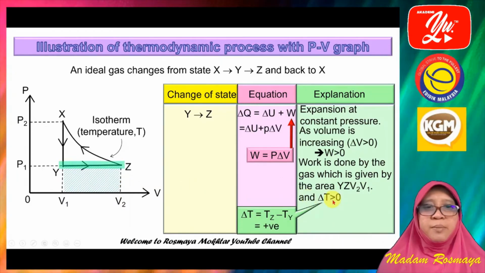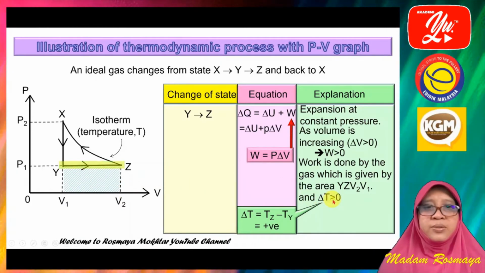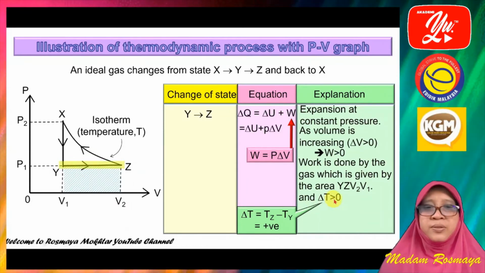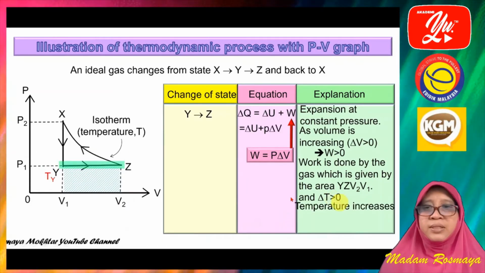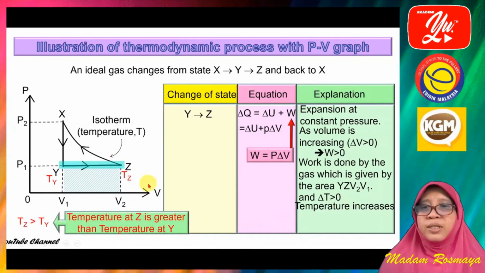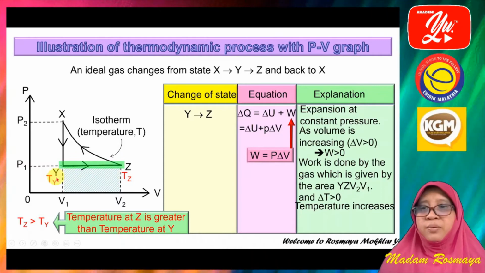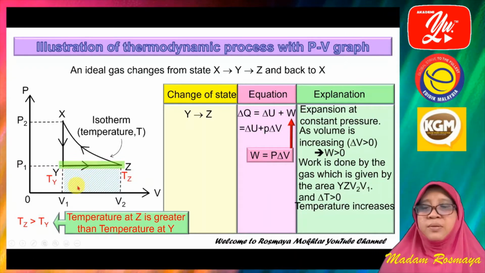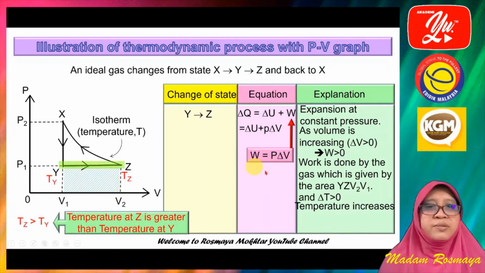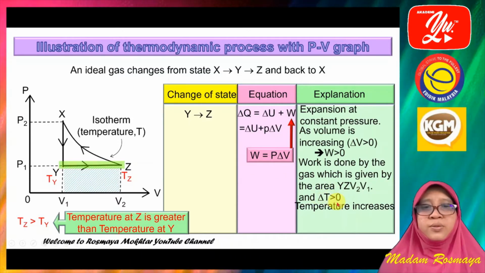The temperature change is also larger than 0, in other words it increases, because Tz is larger than Ty. Tz is the temperature at Z, Ty is the temperature at Y. So the temperature increases. We write delta T larger than 0.